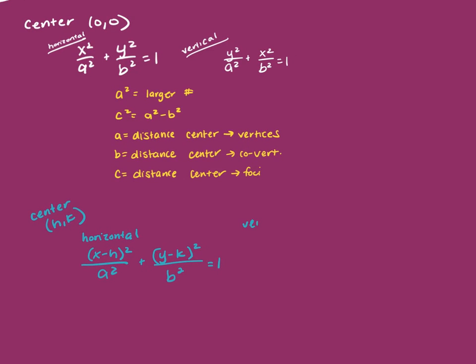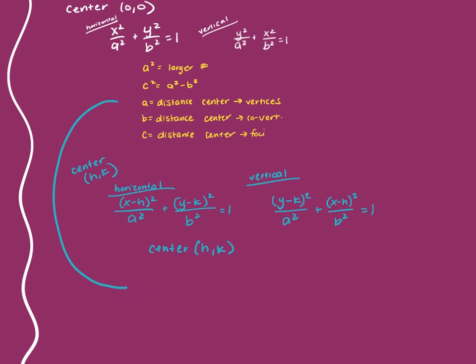And vertical would be y minus k squared over a squared plus x minus h squared over b squared equals 1. Again, order not important. What's important is which letter the bigger number is under. This time the only thing that changes is that the center is h, k. Everything else is still the same.